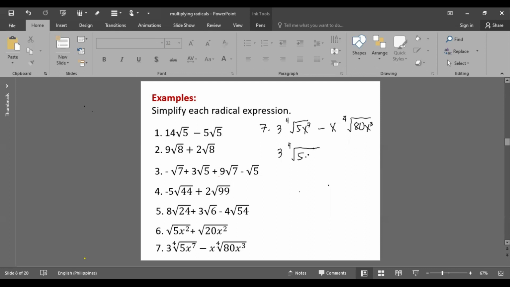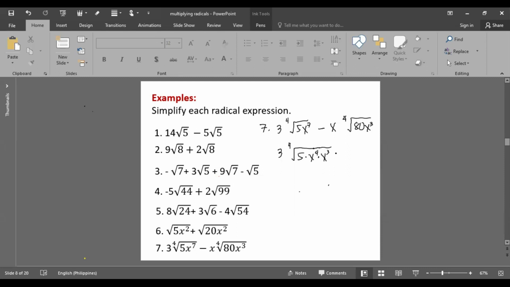So we have here x raised to 4 times x raised to 3 because x raised to 4 times x raised to 3 is x raised to 7. If you can still recall, we simply add the exponents. So 4 is divisible by 4.